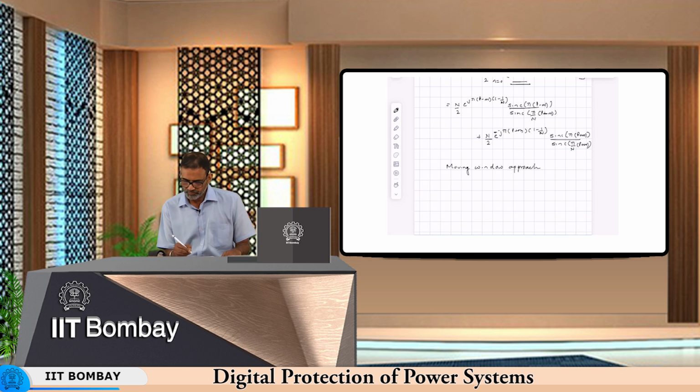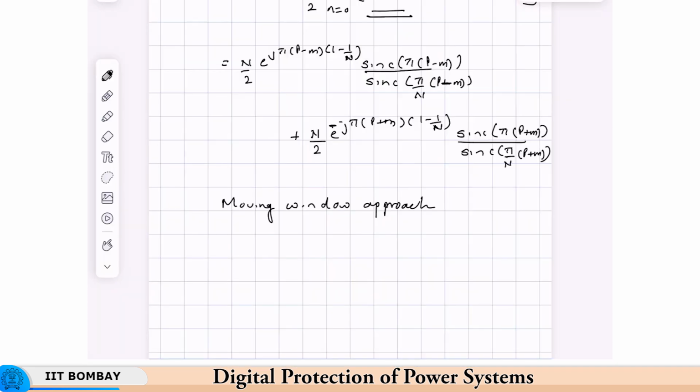And for the moving window approach we will directly work with the DFT, moving window DFT of the cosine signal. Okay, so we named it X of w of m, for the wth window.